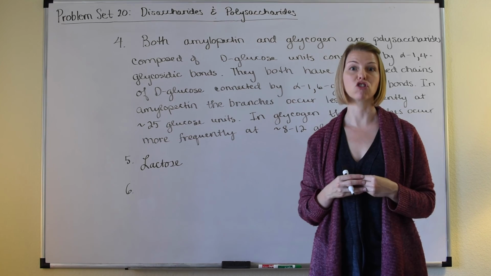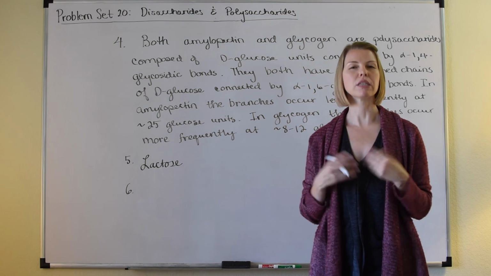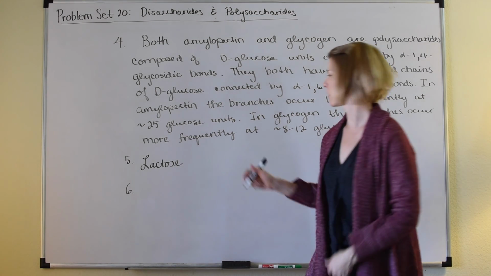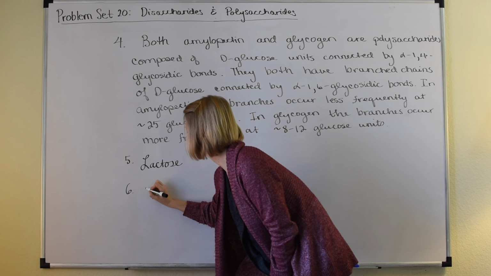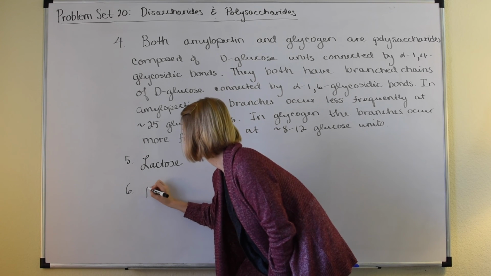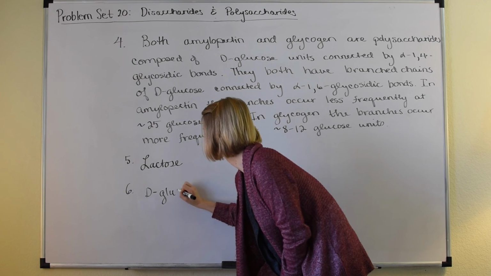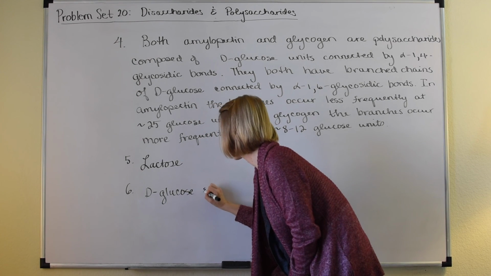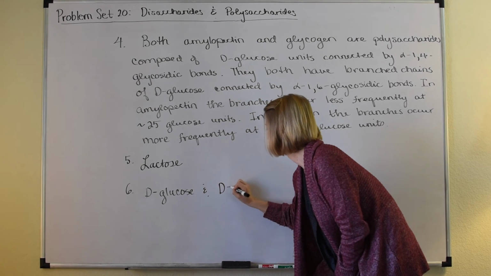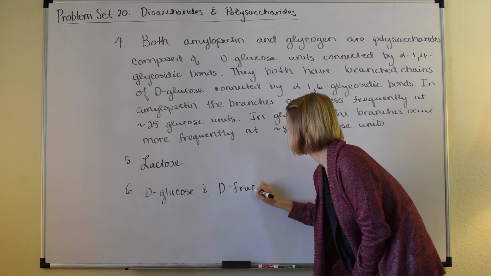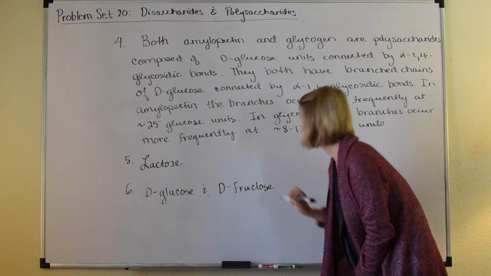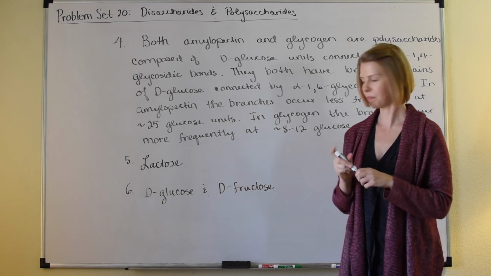So the product of hydrolysis of sucrose would be those 2 monosaccharides. So let me write down here. We would have D-glucose and D-fructose.